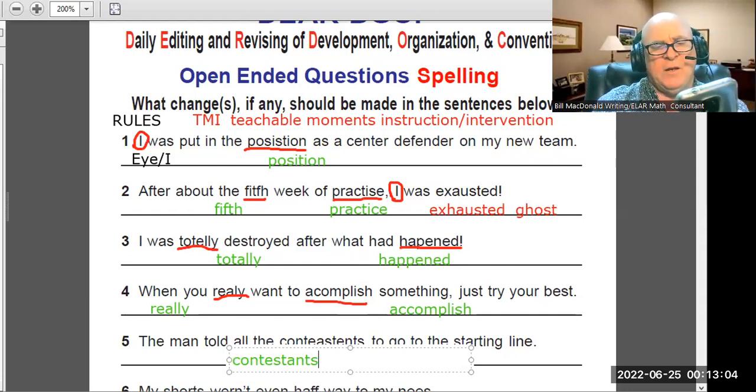So let me pretend like I don't know. Contestants, plural. It has AN. So you've got to be careful to help kids learn the difference between the ANT words and the ENT words, because there's lots of ENT words out there.